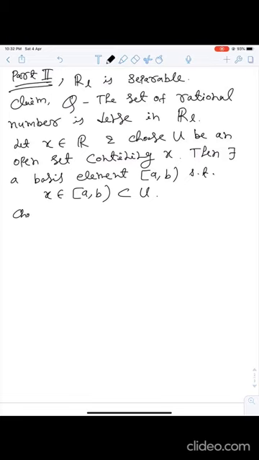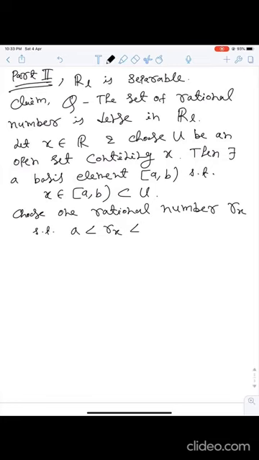Now choose one rational number, say r_x, such that a is less than r_x less than b, right? It follows by the dense property in R, right?